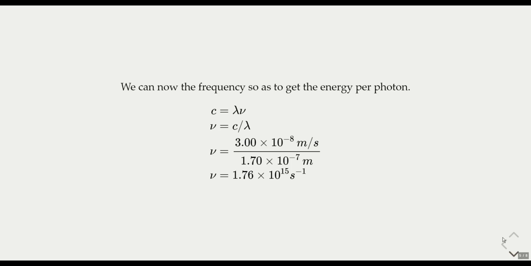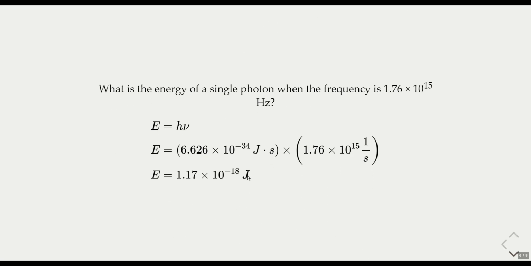I'm ready to get the amount of energy per chunk of light, per photon, by multiplying by Planck's constant. The energy per chunk of light is given by Planck's constant times the frequency. Now this number, Planck's constant, make sure you put that in your calculator so you don't have to remember it. 6.626 E negative 34 when you type it in your calculator, just so you're not constantly looking around for the number.